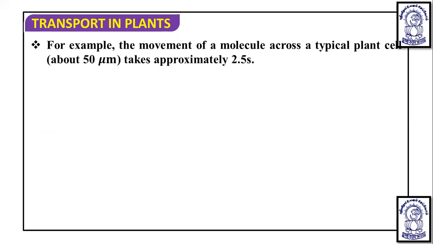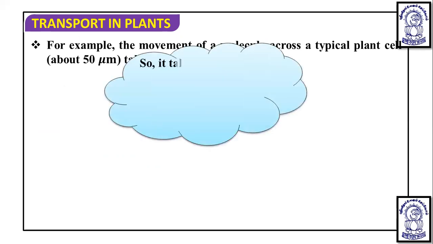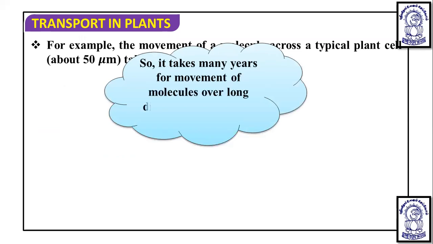For example, the movement of a molecule across a typical plant cell of about 50 micrometers takes approximately 2.5 seconds. So it takes 2.5 seconds to cover a 50 micrometer distance, and it would take many years for molecules to move over a long distance by diffusion alone. It would be difficult for a plant to carry out movement over such long distances by diffusion only.